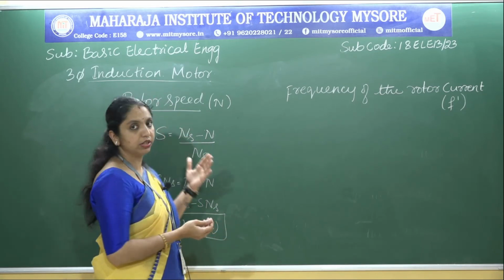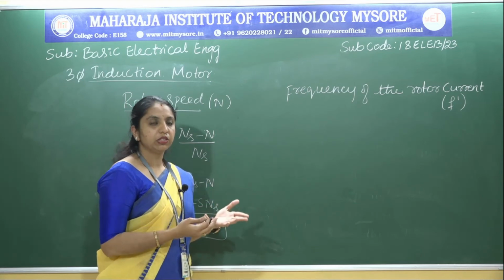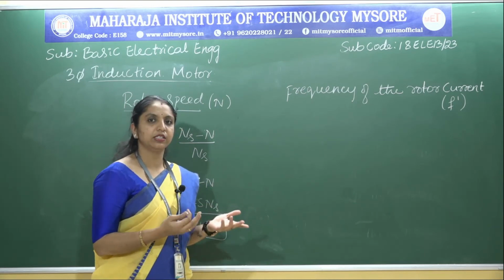So we have just defined the rotor speed n, and the frequency of the rotor current is denoted as f dash.